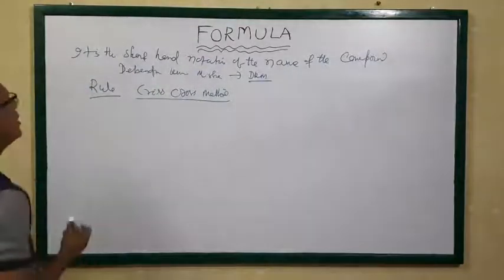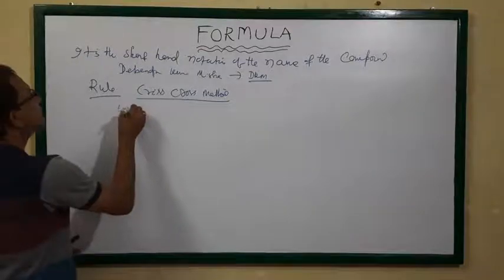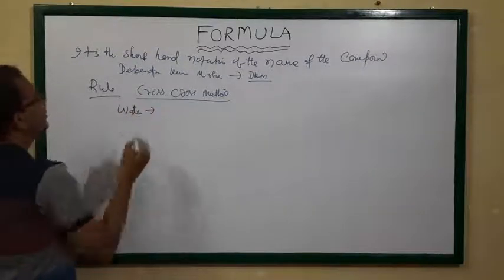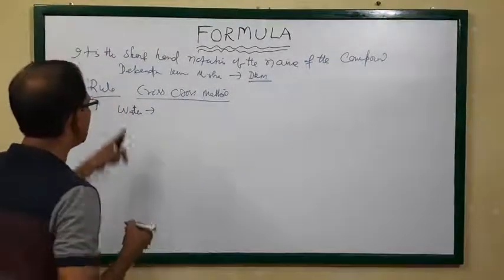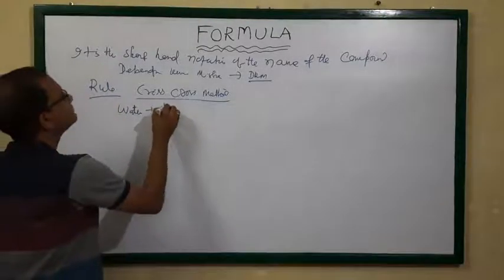For example, water. Simply we write water. Water is the common name, but actually the chemical name of water is hydrogen oxide.